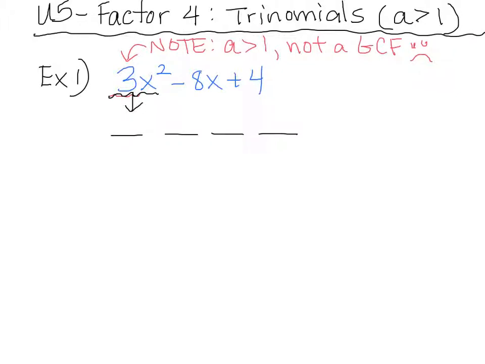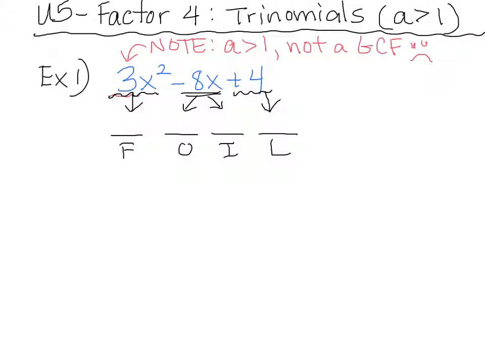It comes from the first step of FOIL. And the last term, the positive 4, comes from the last step of FOIL. But this middle term, the -8x, came from the addition of the O and the I steps, right? We've talked about that. And so it actually is a combination of those two terms added together.